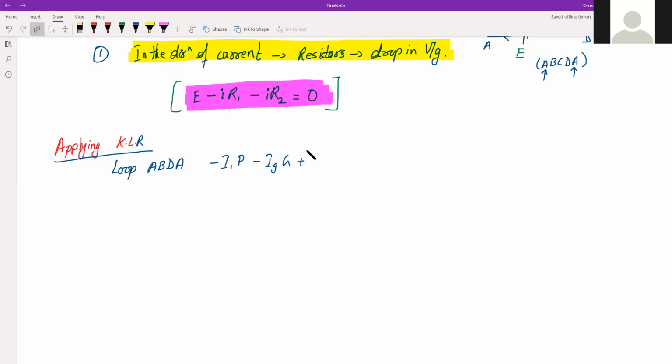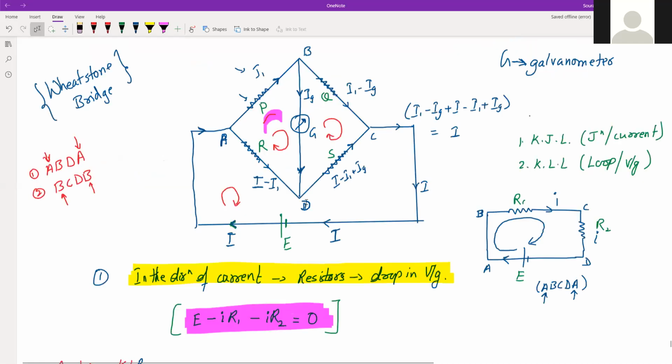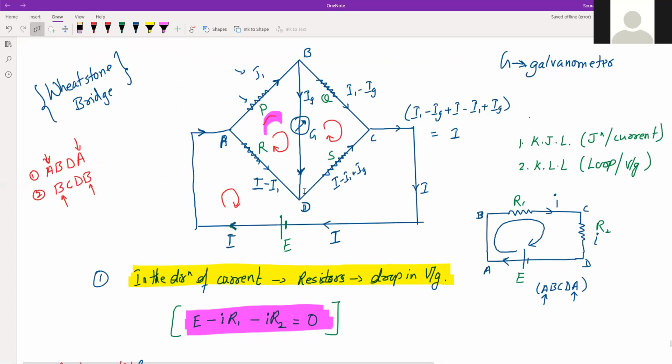Now if I'm moving from D to A, the direction is against the direction of current. So if I'm moving in the direction of current, I have taken it as negative. So that means here I'll have to take it as positive, and it is easy to justify. Why? Because if the current is flowing from A to B, that means A is at higher potential and D is at lower potential. So if I'm moving from D to A, the potential will increase.